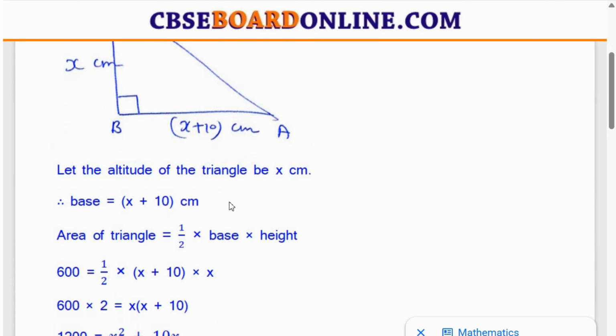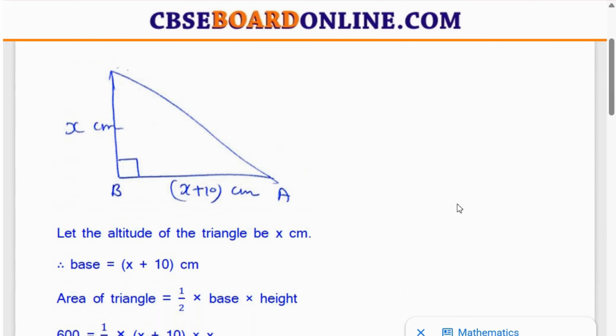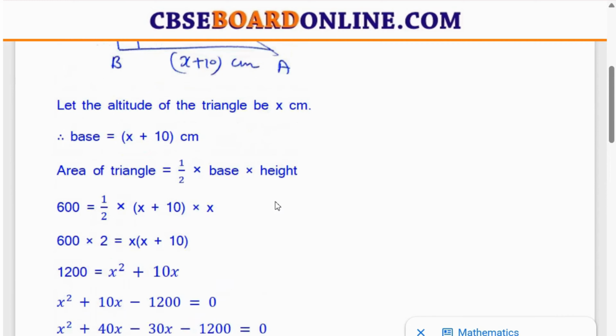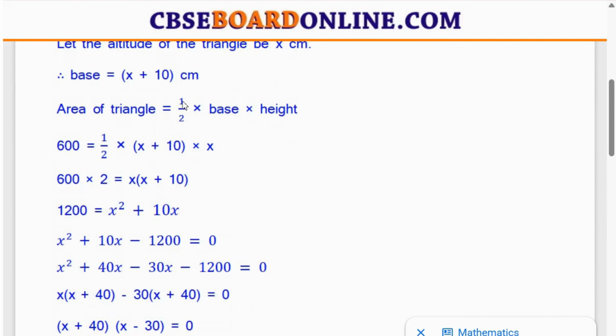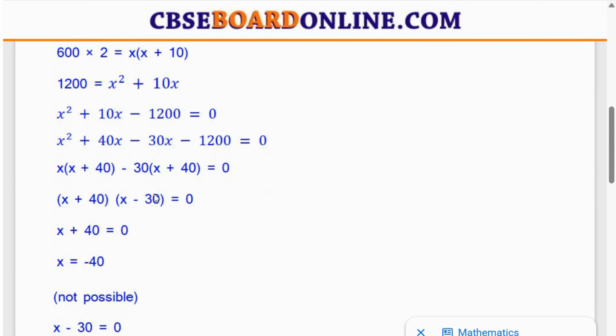So we are going to solve it likewise, and then we have to put these values in the formula of the area of a triangle. If you solve it after putting the values in the area of the triangle, automatically you would get two values. First, x plus 40.